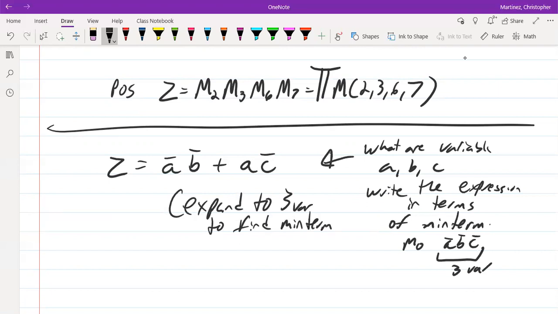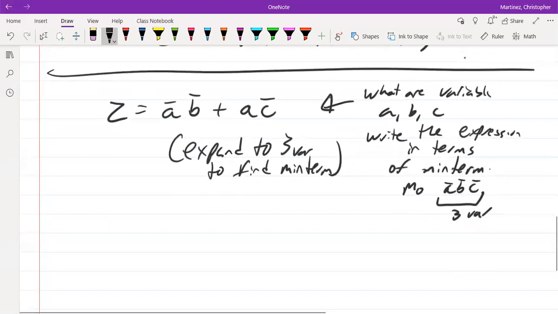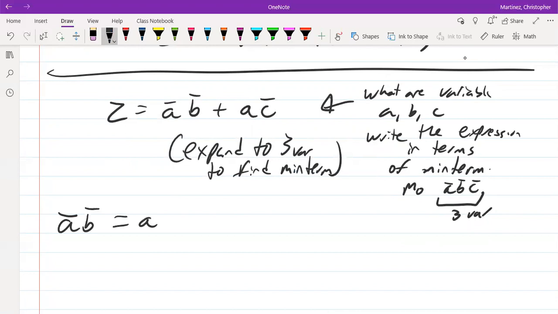All right, well, how do we expand this? Well, if I take one of these items, let's say I have A bar, B bar, that's the same as saying I have A bar, B bar, and it with a 1. I can always end it with a 1. Ending it with a 1 is no big problem, because we had those theorems that said X ended with 1 is just X. Well, a 1, I can also use a theorem to expand what a 1 looks like.